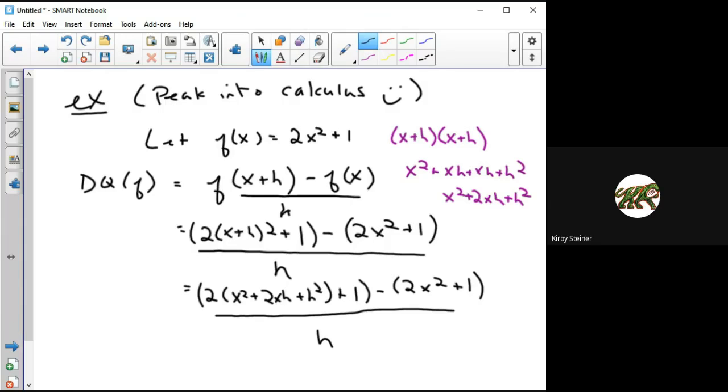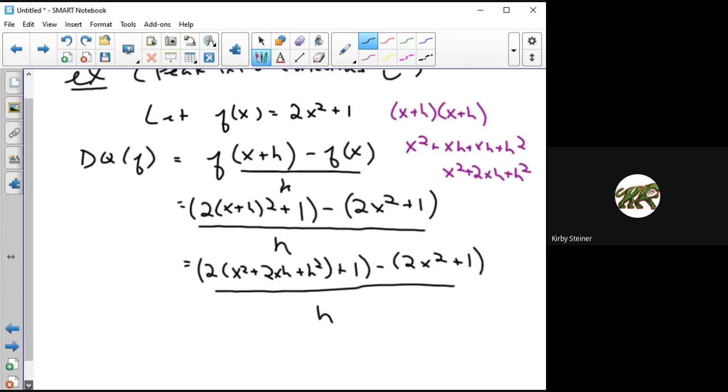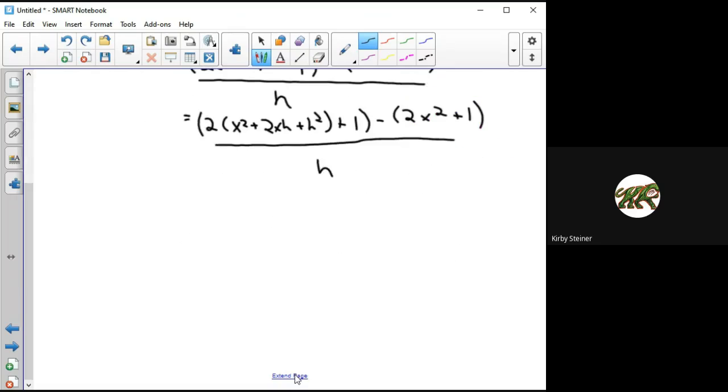All right, let's keep going. I can distribute this 2 out. Let's go ahead and do that. So I have 2x squared plus 4xh plus 2h squared plus 1 minus (2x squared plus 1).